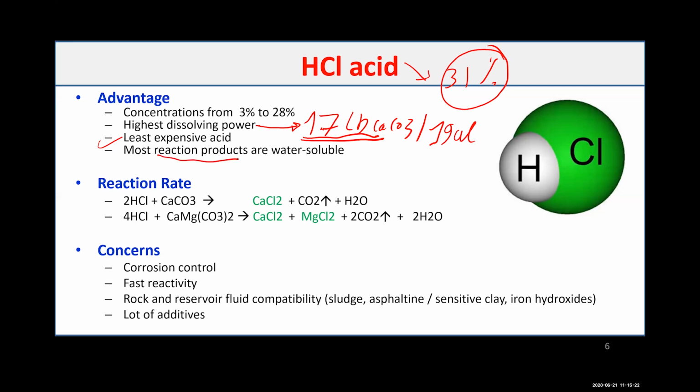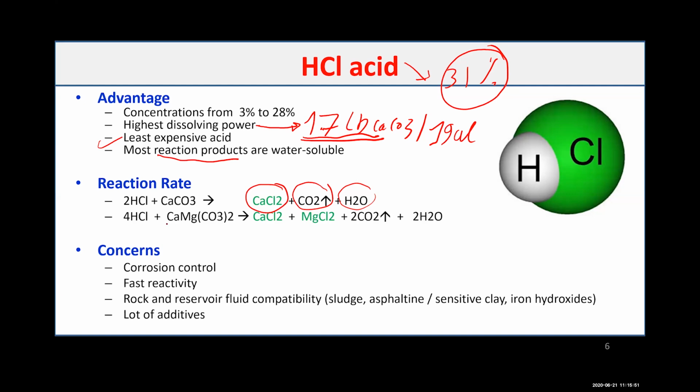When HCl reacts with calcium carbonate or dolomite, which is calcium magnesium carbonate, all the reaction products are water soluble. As you can see here, I have the reaction between HCl and calcium carbonate, and the reaction products will be calcium chloride, which is salt, and that can be dissolved quickly, CO2, which is gas, and H2O, which is water. So we don't have anything that can cause any damage or precipitation.